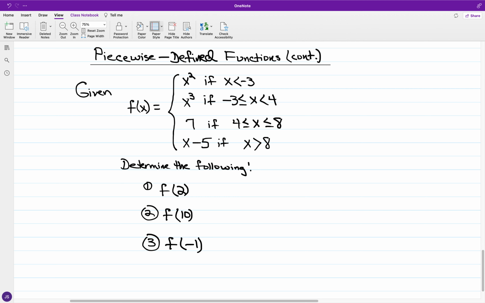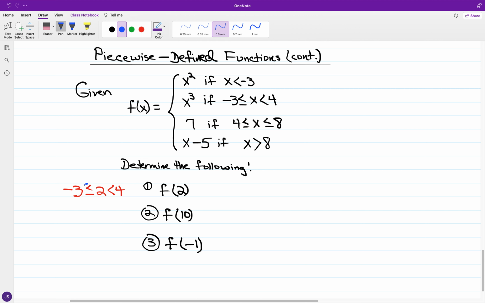This is going to be a true statement, because negative 3 is less than 2 to begin with, and 2 in turn is already less than 4. So with this corresponding description, we go with the x cubed pathway, with 2 as the x value. So f of 2 is going to be 2 to the third power, which is 2 times 2 times 2, so that will end up at 8.